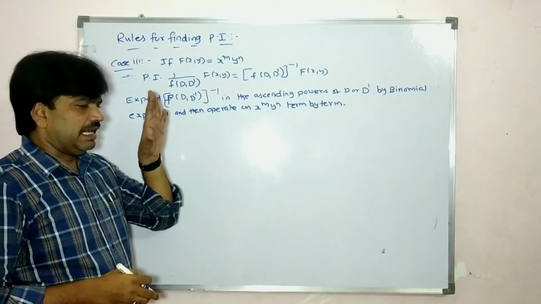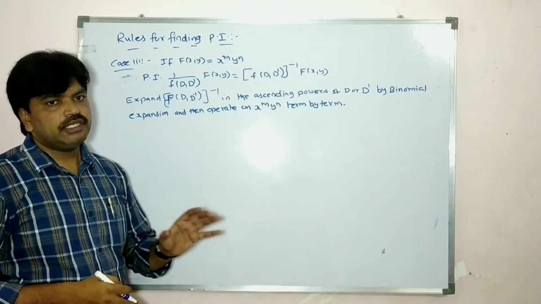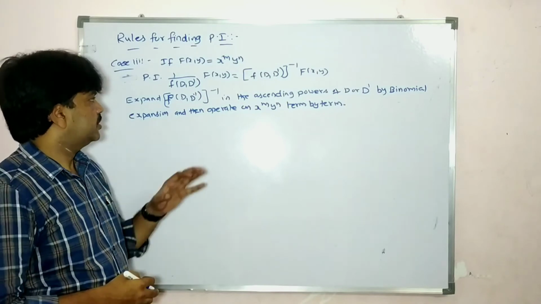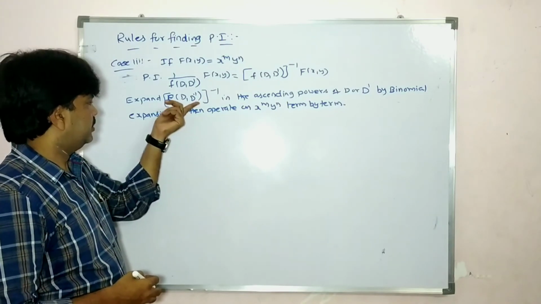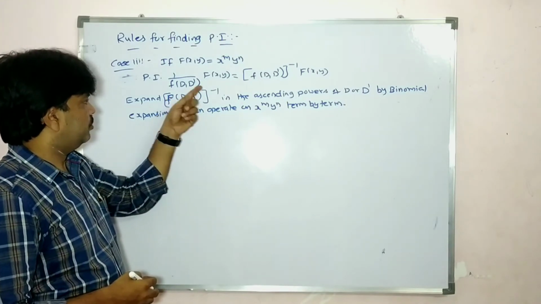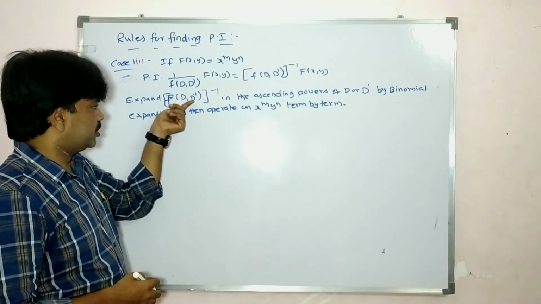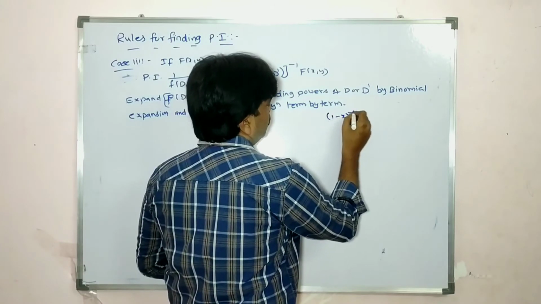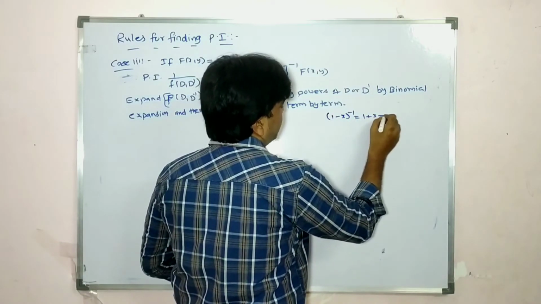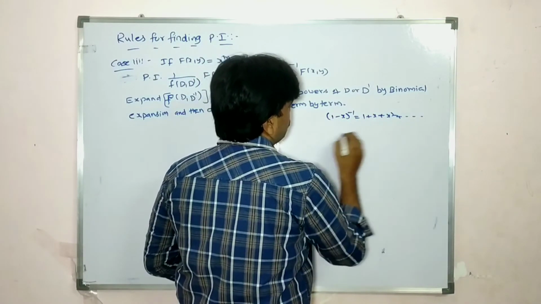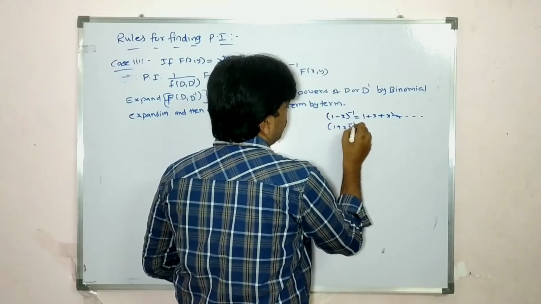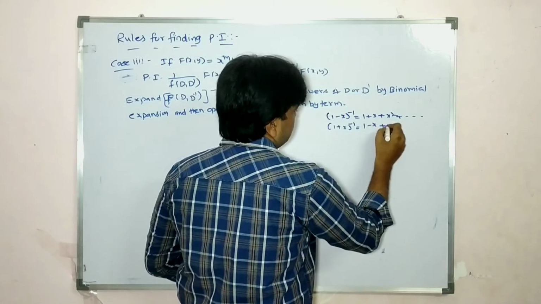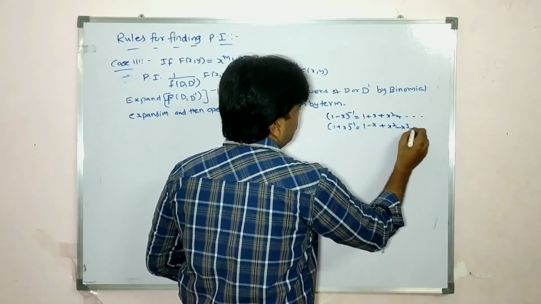This case is as it is, students, as you did in the homogeneous linear equation. See, students, once again f of D, D dash whole power minus 1, I am applying binomial expansion here. What is binomial expansion, students? Once again, 1 minus x whole power minus 1 is 1 plus x plus x square and so on. If it is 1 plus x whole power minus 1, you get alternately plus and minus: 1 minus x plus x square minus x cube and so on.